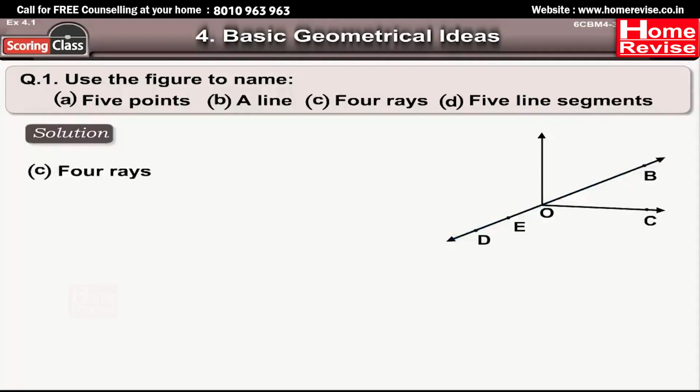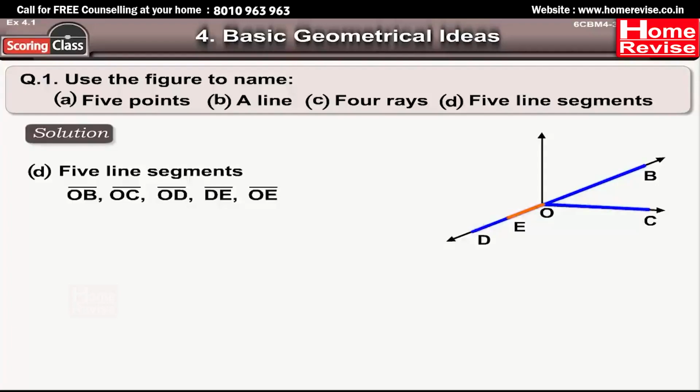C. Let us find out 4 rays. The 4 rays would be ray OB, ray OC, ray OD and ray OE. D. 5 line segments. The 5 line segments are line segment OB, line segment OC, line segment OD, line segment DE and line segment OE.